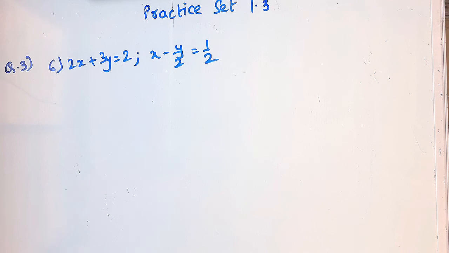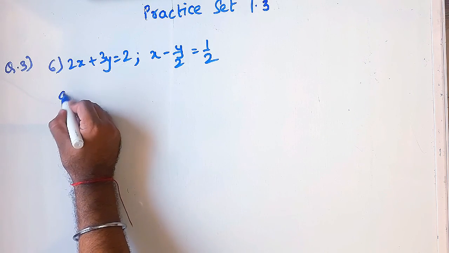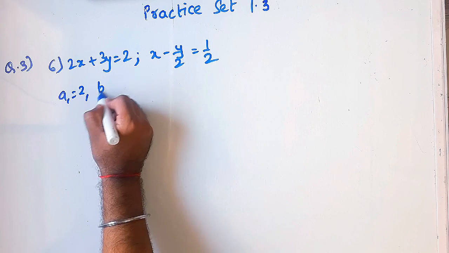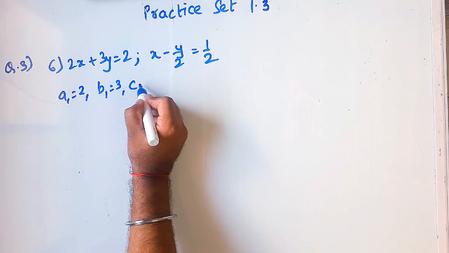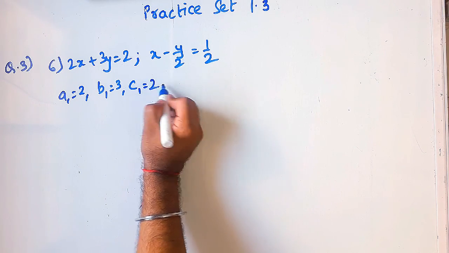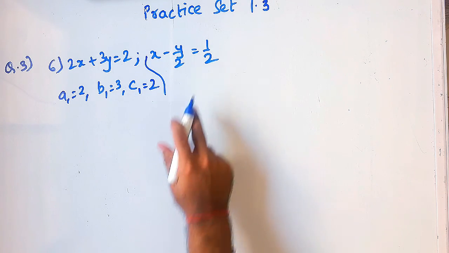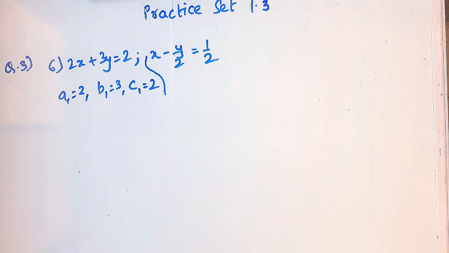Now see here, we have a1 equals 2, b1 equals 3, and c1 equals 2. But here I have to arrange this equation such that the denominators will get eliminated.